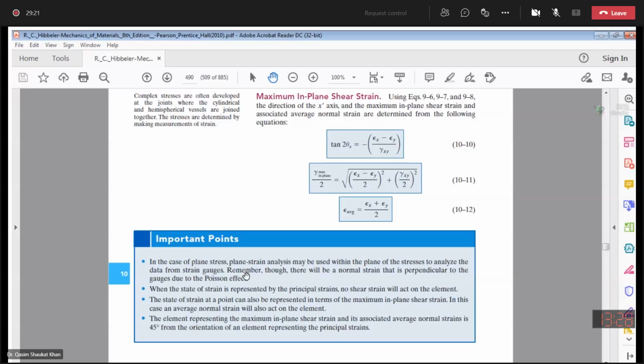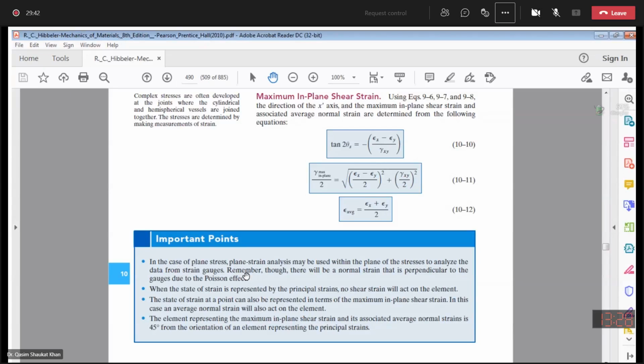We have said earlier that the strain gauge will only measure the strain in the direction in which it is attached. So it means that your strain gauge will only measure the normal strain. Strain gauges will not give you the shear strain or lateral strain values.